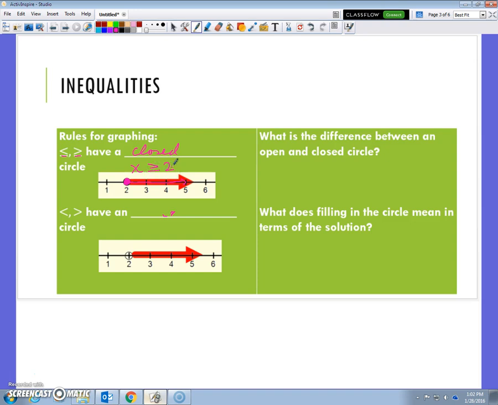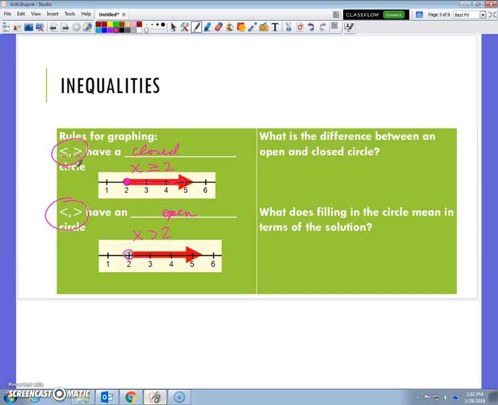If it's a less than or a greater than sign, we have an open circle. In this case, we're talking about all the values bigger than 2 that the variable could be, but we're not including 2. It's going to be an open dot. See how it's open? So these symbols get open dots, and these symbols get closed dots.